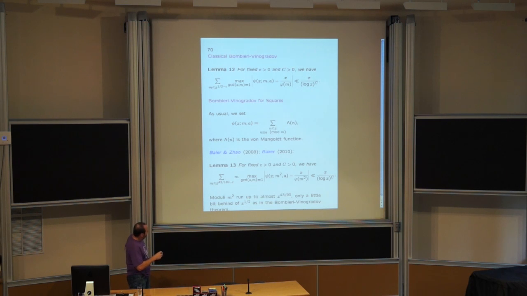If they had it with 45, it would be exactly Bombieri-Vinogradov. So the only loss compared to Bombieri-Vinogradov is that they have 43 instead of 45. Otherwise, it would be a precise analog. You run up to the square root of the length of the interval, and you have this asymptotic formula. It's a very nice, very powerful result. They work with a very sparse sequence of moduli and have this estimate.